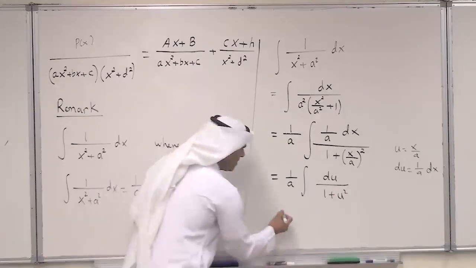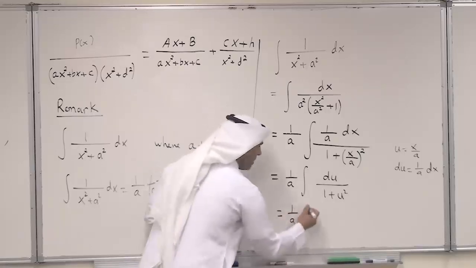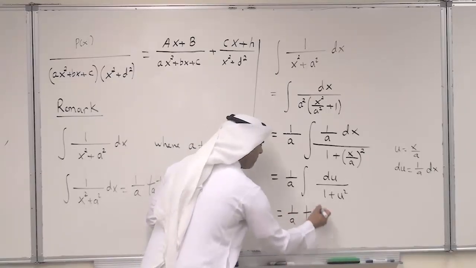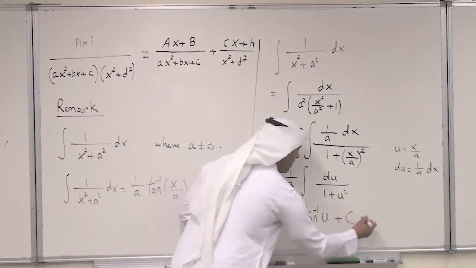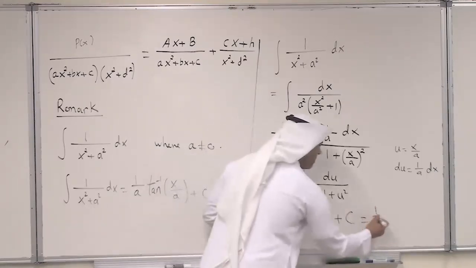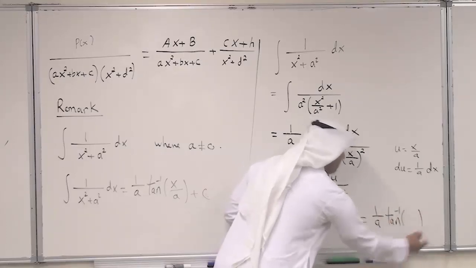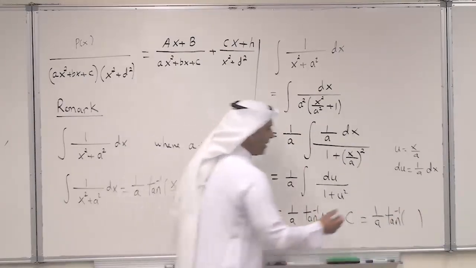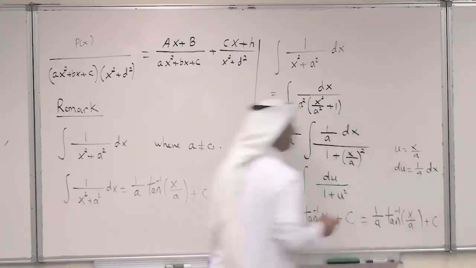Fine. Now this is 1 over a. And what is the integral of this? It is tangent inverse of u. Now, but what is u? Of course, plus constant. Okay. What is u? It is tangent inverse u is equal to x over a. So that is x over a plus constant c.